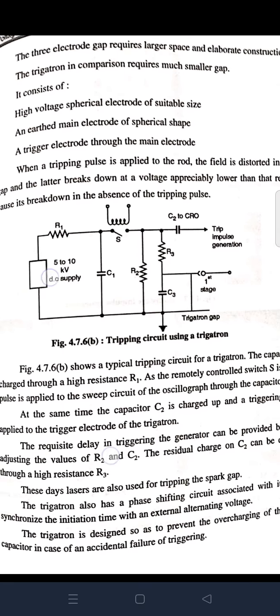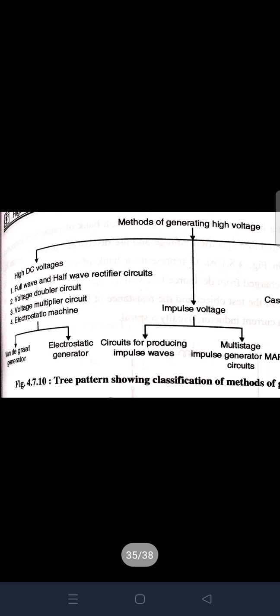And we have some methods of generating high voltage. So there are two main types, high DC voltage and high AC voltage. In high DC voltage, we already saw full wave and half wave rectifier circuits, voltage doubler circuit, multiplier circuit, and electrostatic machines. In electrostatic machines, we already saw the Van de Graaff generator and the electrostatic generator.